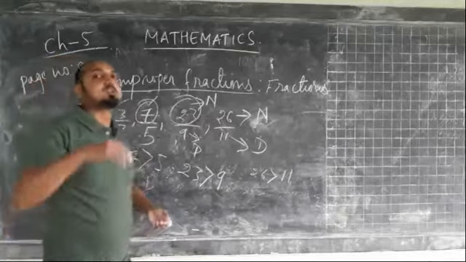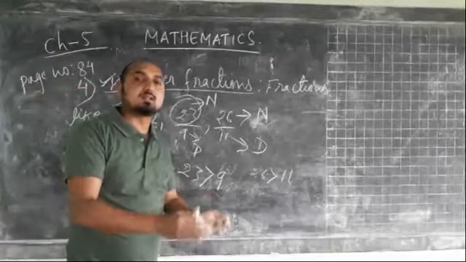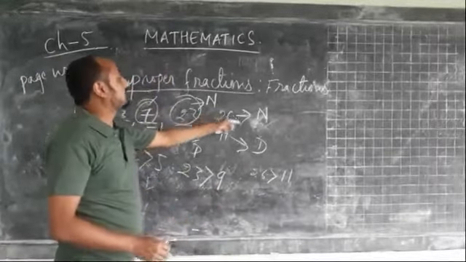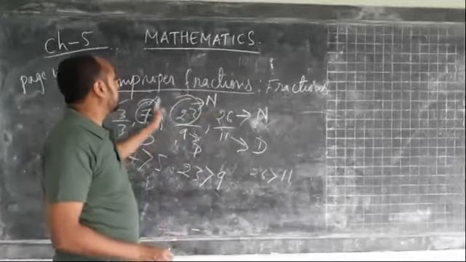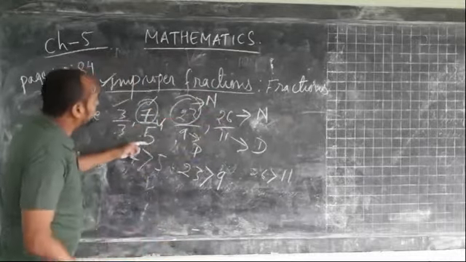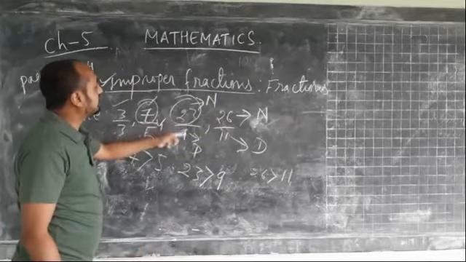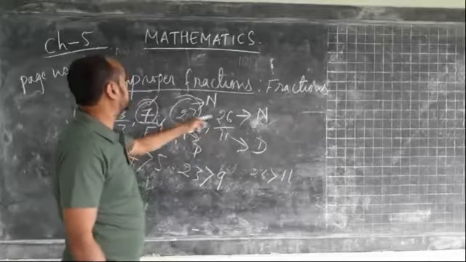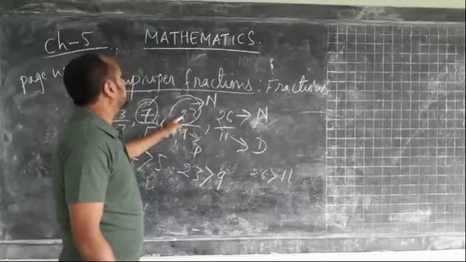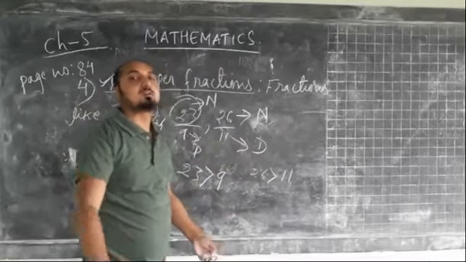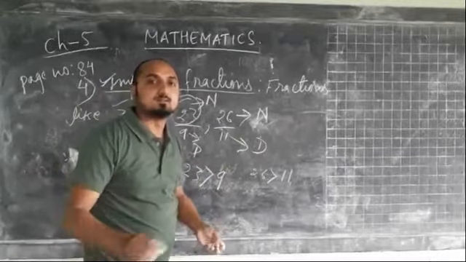Or if the numerator value is greater than the denominator value, then that example can also be considered an improper fraction. So in the second one we have 7 by 5, in the third one we have 23 by 9, in the fourth one we have 26 by 11. So in all these three cases the numerator is greater than the denominator. So this is the case of improper fraction.